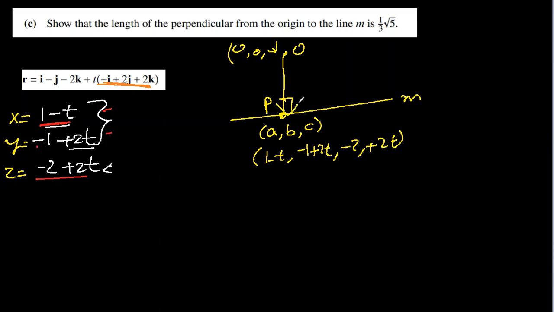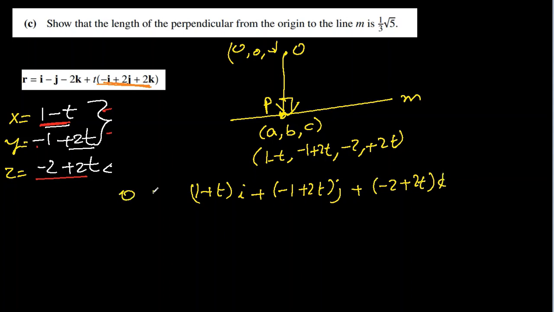And since this is the head of the position vector from O to P, this becomes the position vector (1 minus t)i plus (minus 1 plus 2t)j plus (minus 2 plus 2t)k, which is OP. Alright? And we know that the direction vector of this line M is minus i plus 2j plus 2k.